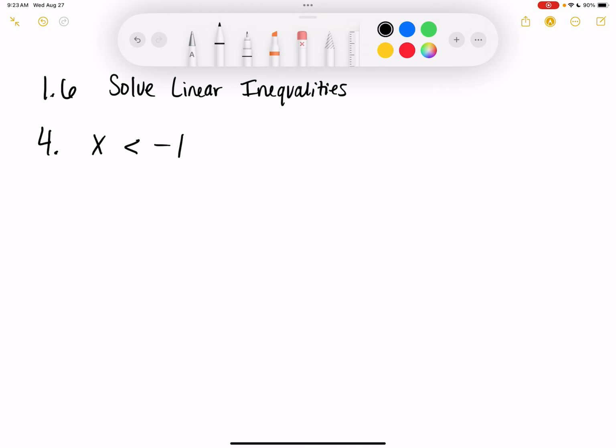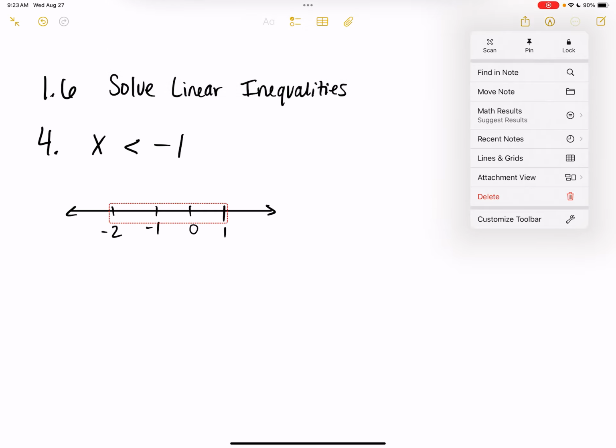If not, make sure you make the arrows really bold so it's clear where the graph is going. We're going to set up a number line here, and I don't usually put a ton of numbers on it. Honestly, I just put a couple and that's it.